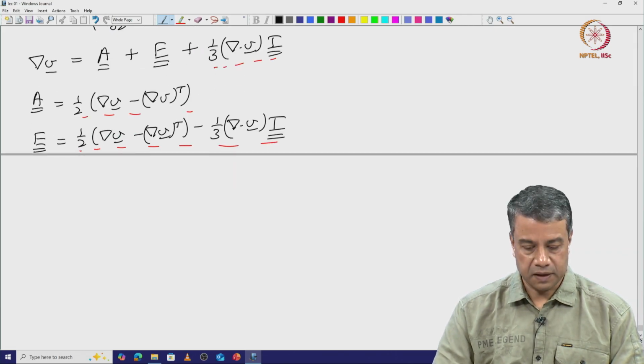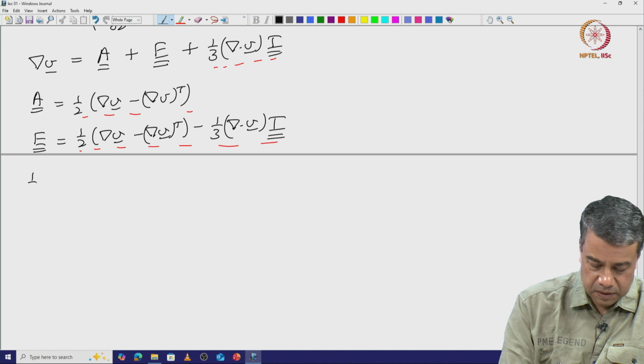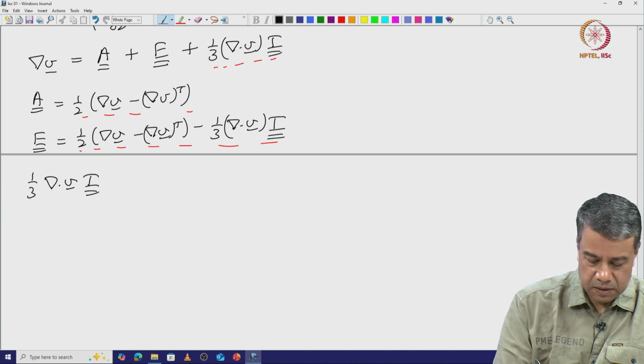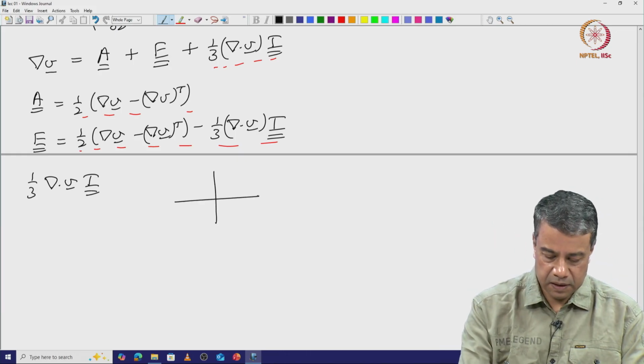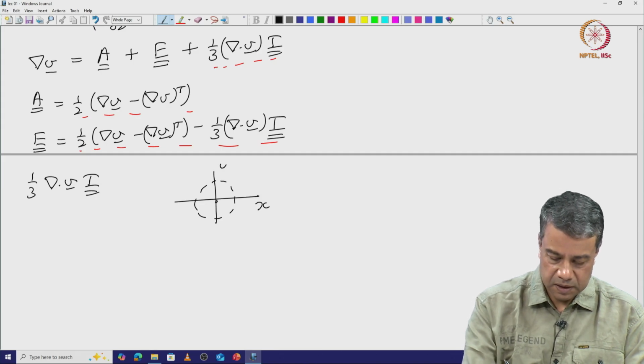The first is the isotropic tensor. This represents radial expansion or compression with respect to the origin. I had shown you that.